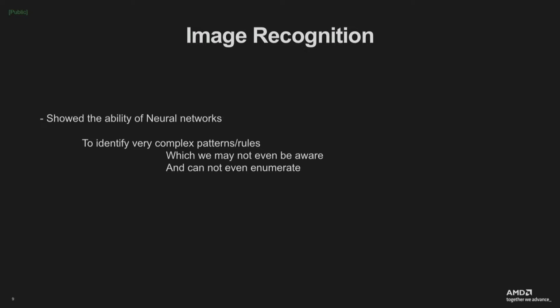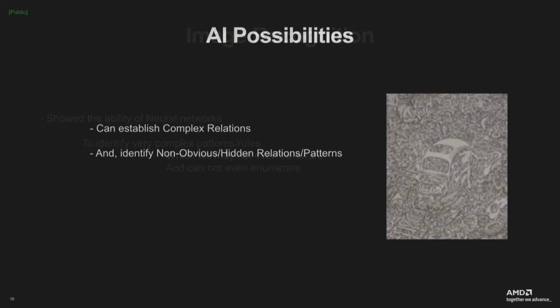So now that we understand this, what is it that we can do with it? AI can establish complex relationships. That's one important thing. It can establish complex relationships and identify non-obvious and hidden patterns. The pattern may not be obvious to us. We may not know why we identify something as a bottle. What are the patterns in all these various figures? What is common in that?